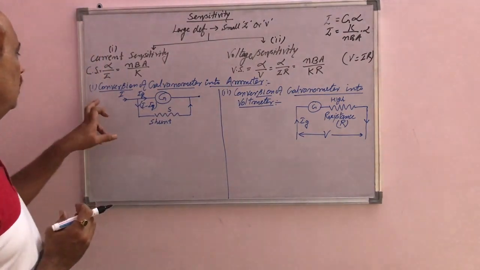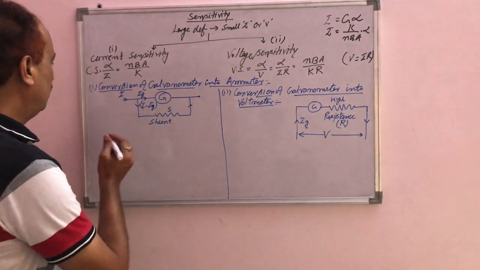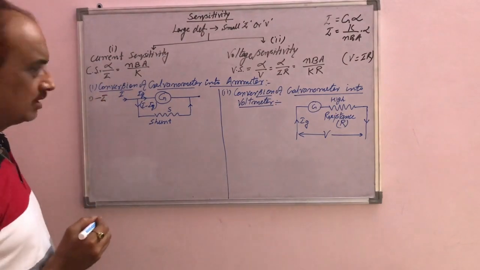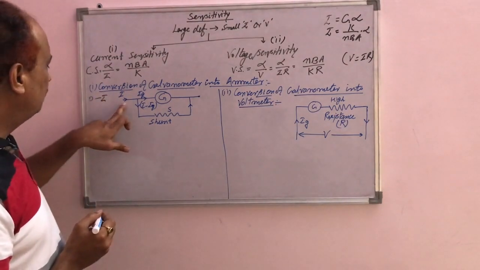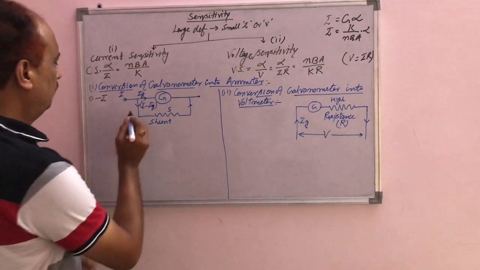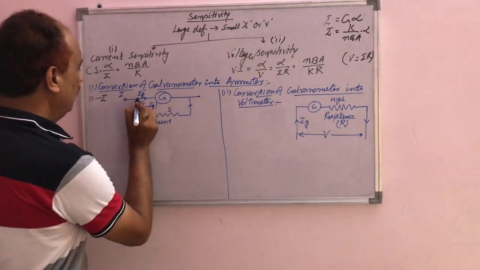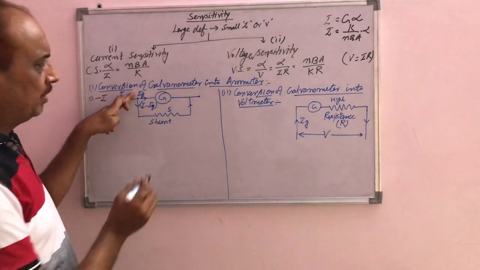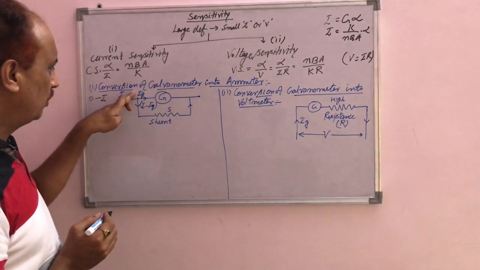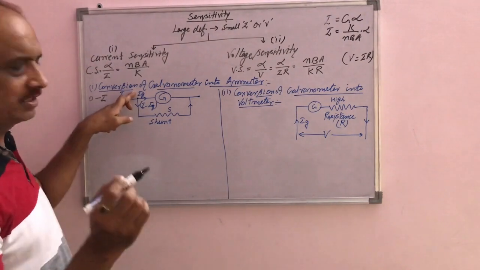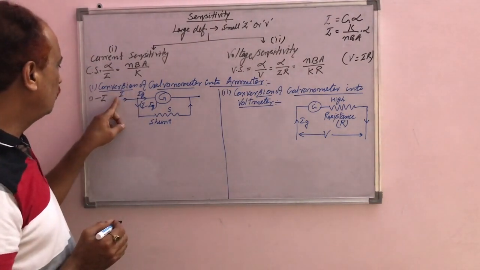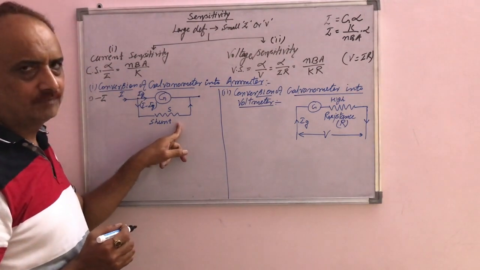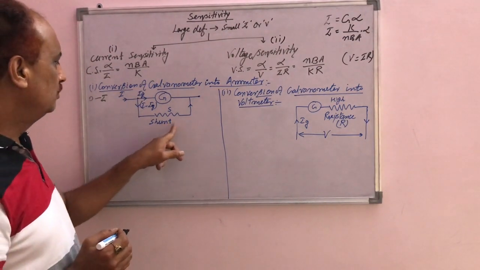If you convert a galvanometer into an ammeter of a desired range from 0 to I ampere, then when I ampere of current is flowing and it divides into two ways, Ig is the current passing through the coil of the galvanometer of resistance G at full scale deflection, and the remaining I minus Ig passes through the shunt wire, that is the low resistance wire.